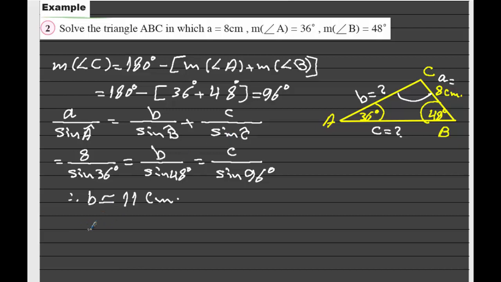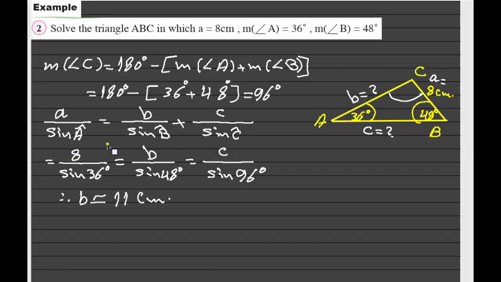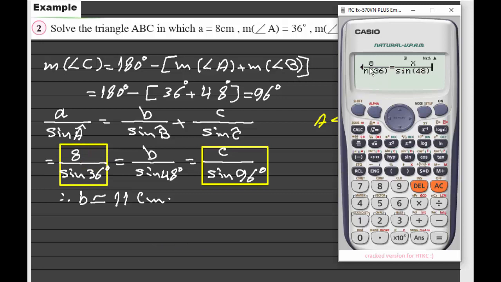And now I'll calculate C. Okay, again I write the fraction here, and I'll use these two ratios in the calculator. We have 8 over sine 36, and I'll denote C by X over sine 96, and I'll press shift calc equal: 13.535 centimeters.